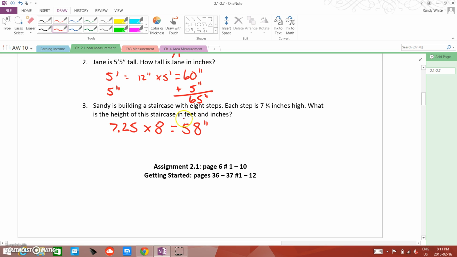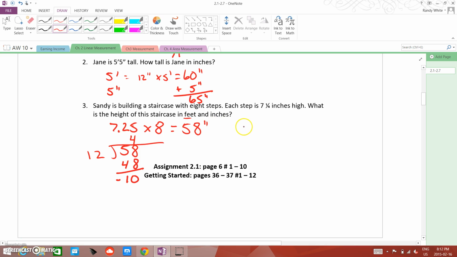But we want to know in feet. Well, I'm going to take the 58 and we're going to divide it by 12. 12 goes in 58 4 times, which is 48. And I subtract, I have a remainder of 10.